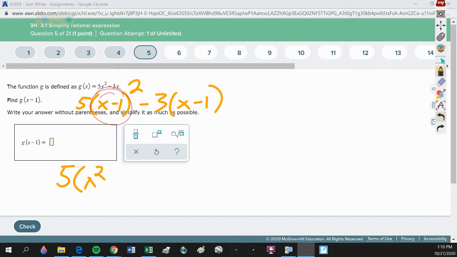And then I get 2 copies of this. One of them is x times negative 1, and one of them is negative 1 times x. So it's just going to be negative 2x, and then negative 1 squared. Distribute the 5, and then simplify. Okay? You'll just have to type it in.